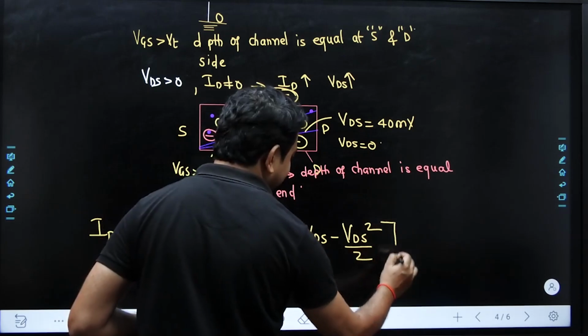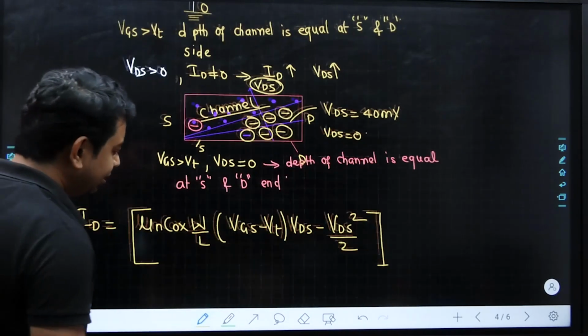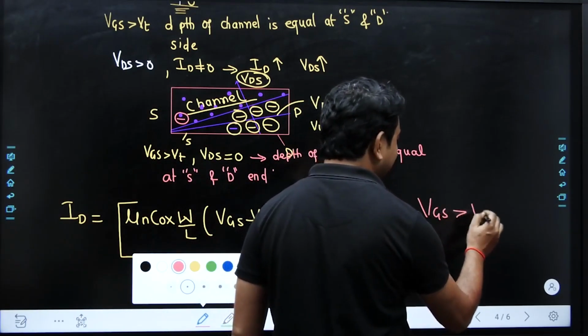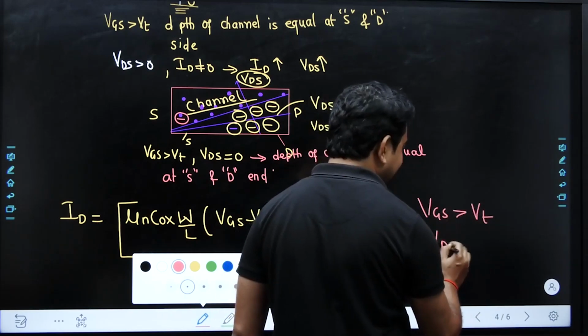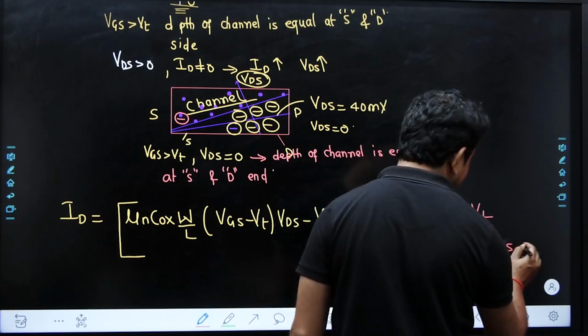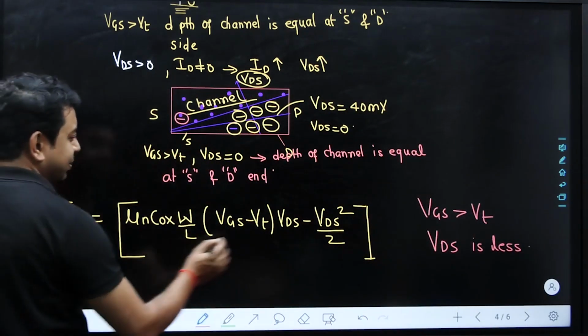This will be the final equation that can be used in a condition when we are applying VGS greater than the threshold voltage, and when we are applying VDS very small. In that condition, we have this equation. And here we can see that ID is depending on VDS.